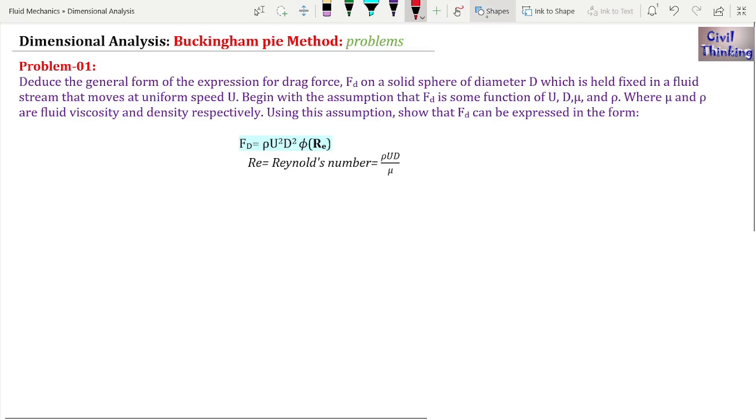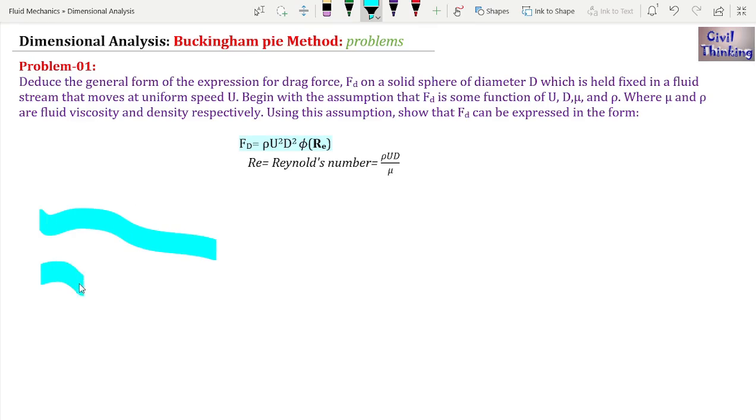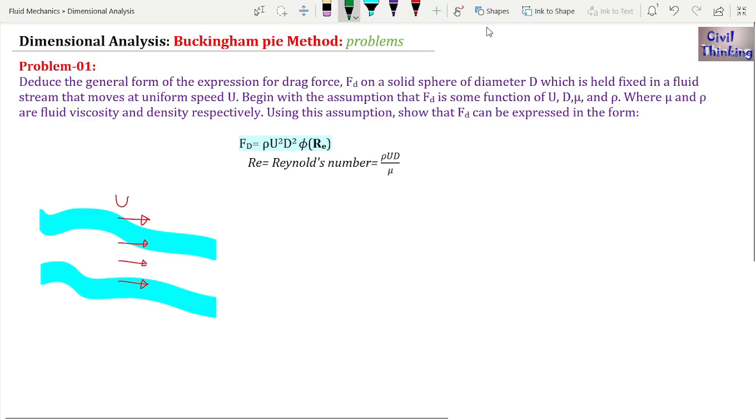Now the problem is something like this. You have some fluid here. Now the velocity of the fluid is u. This is u, this is a moving fluid, and in the moving fluid there is a sphere.